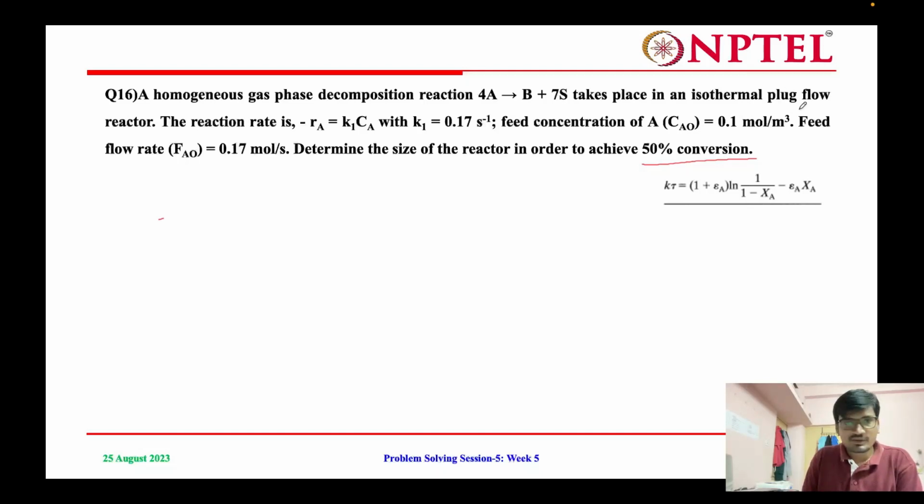For a plug flow reactor, the performance equation for first order kinetics is K tau equal to (1 plus epsilon A) into ln 1 by (1 minus XA) minus epsilon A into XA. To calculate epsilon, epsilon A is equal to V at XA equal to 1 minus V at XA equal to 0, divided by V at XA equal to 0.